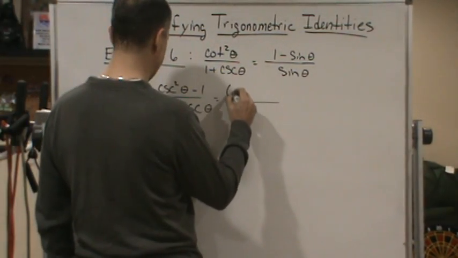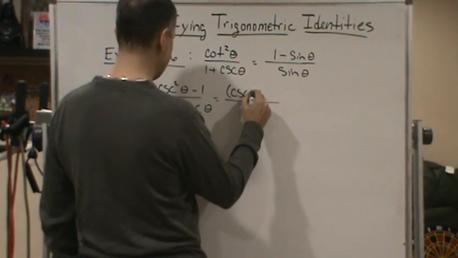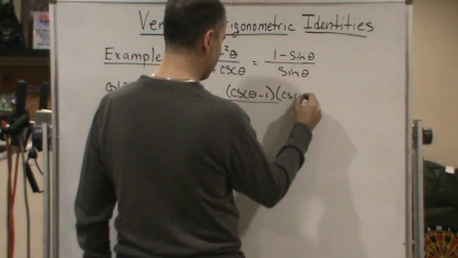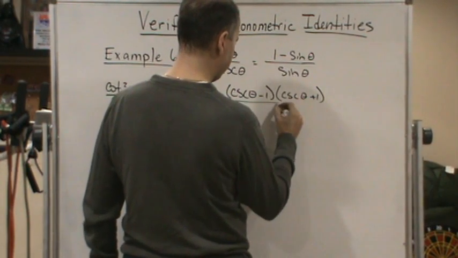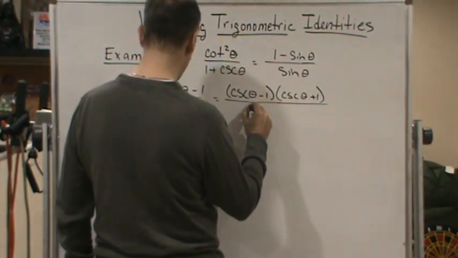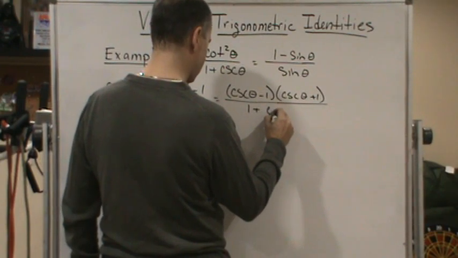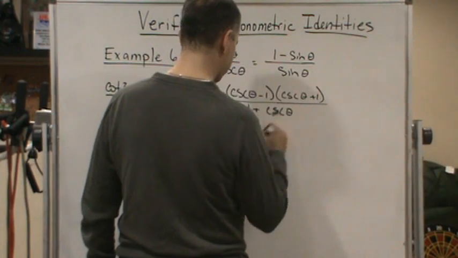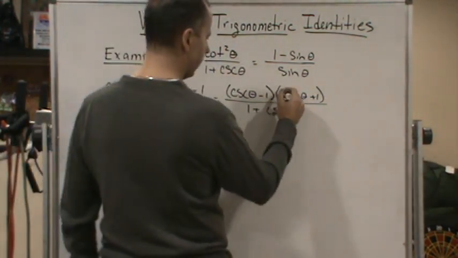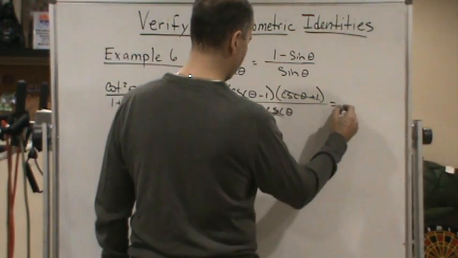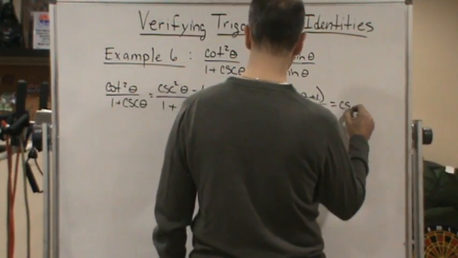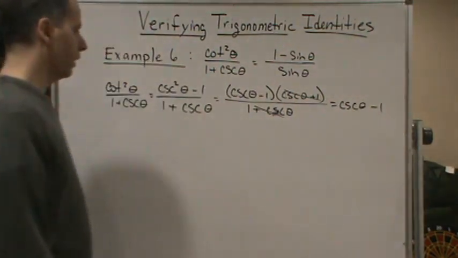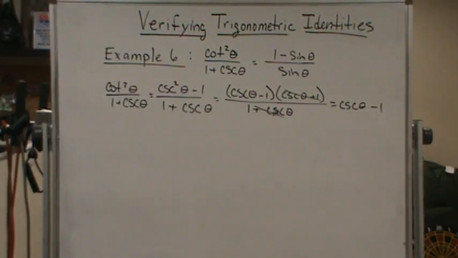I can split this up as cosecant theta minus 1 times cosecant theta plus 1 all over 1 plus cosecant theta, and guess what? Look at that. Cancel, cancel. What do I get? I get cosecant theta minus 1. All right. And that's as far as I can go.